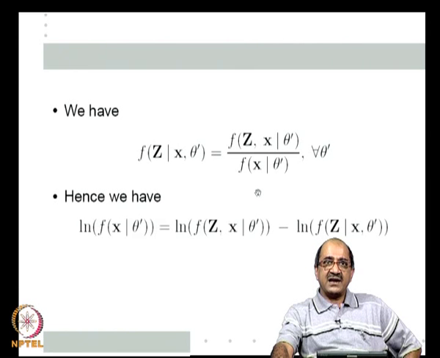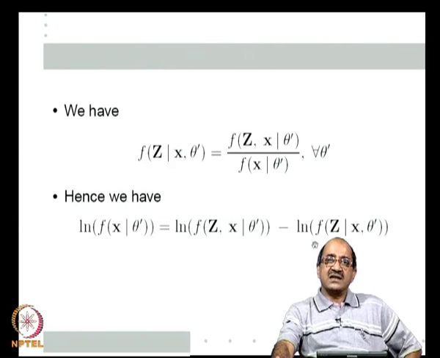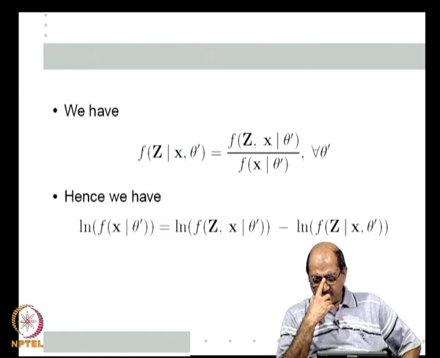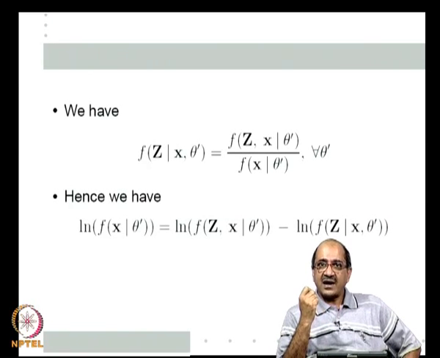Then if I take logs, I get ln of f of x given theta prime is ln of f of z, x given theta prime minus ln of f of z given x, theta prime. Now, in the proof we have to take actual expectations, we might have to write integrals with respect to the densities.